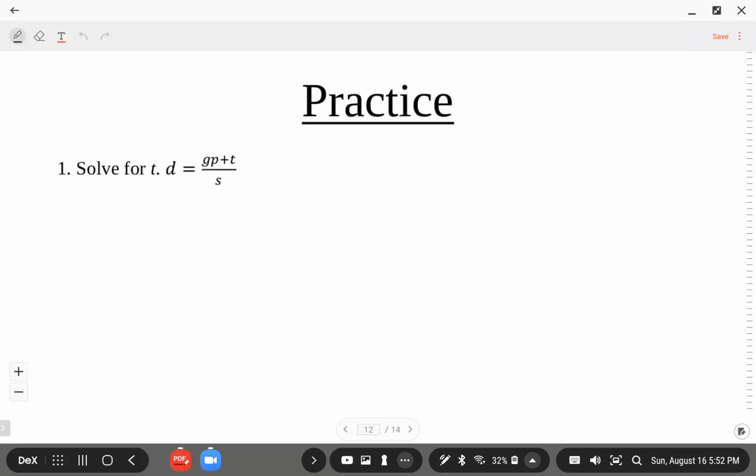We are solving for t. This is actually 7th grade material, but this will be very easy. Some of you are very ahead of your classes, so this should be no problem. I learned this like 2 to 3 years ago.